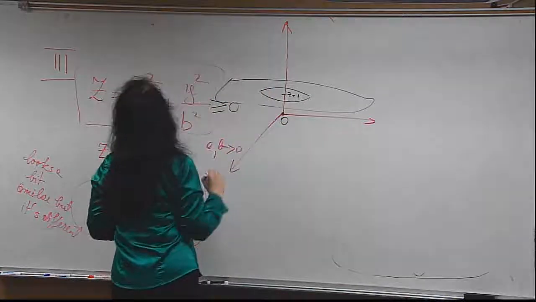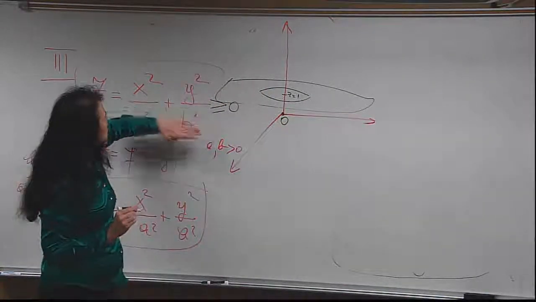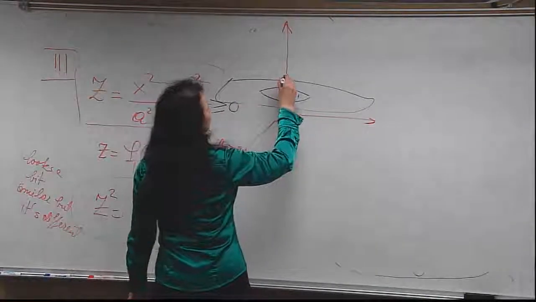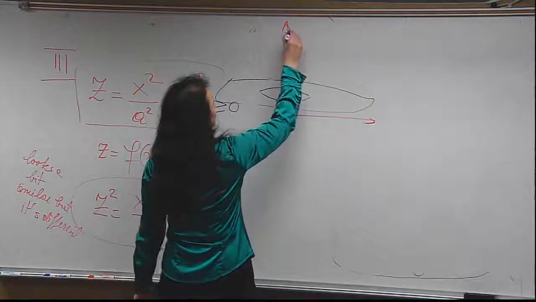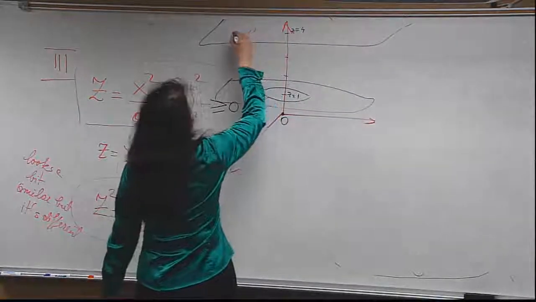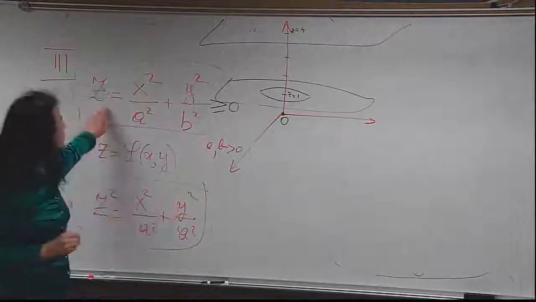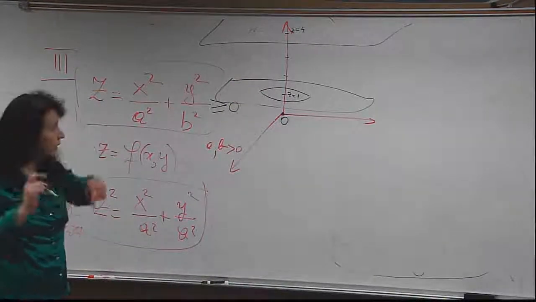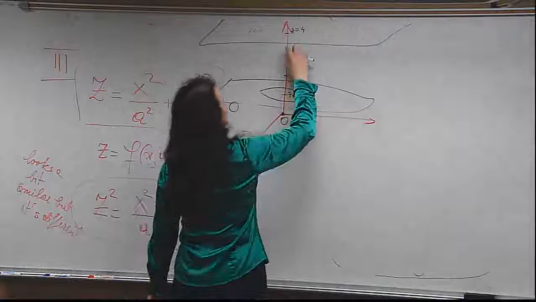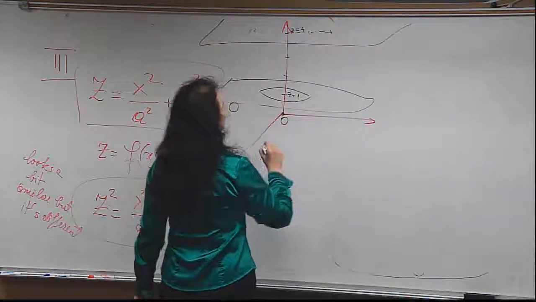And then at z equals 4, I'm going to have x squared plus y squared equals 4. So how big will the radius be? 2. So I'm trying to respect the proportions, not say anything too deformed.